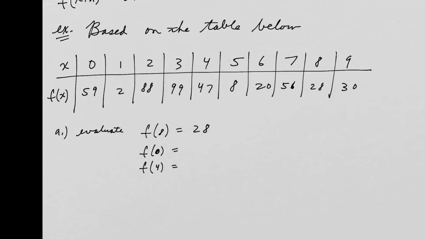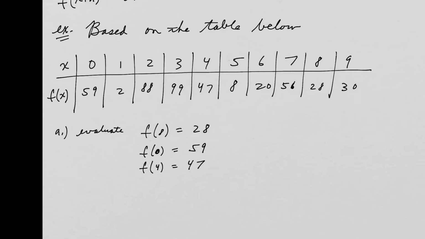This is 0. I look for the input of 0. What's the output? 59. So this must be 59. And then finally, f of 4, I go to the table where the input is 4. The output is 47. So this must be 47.